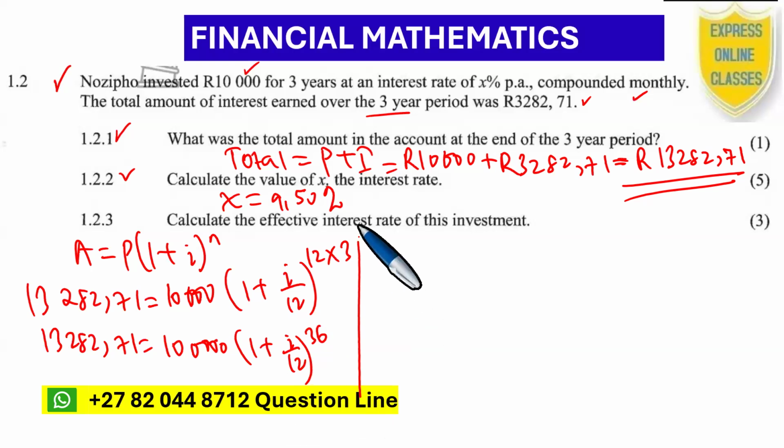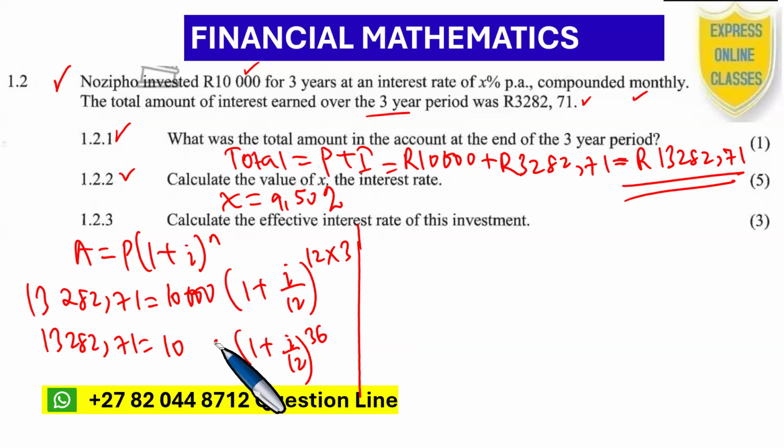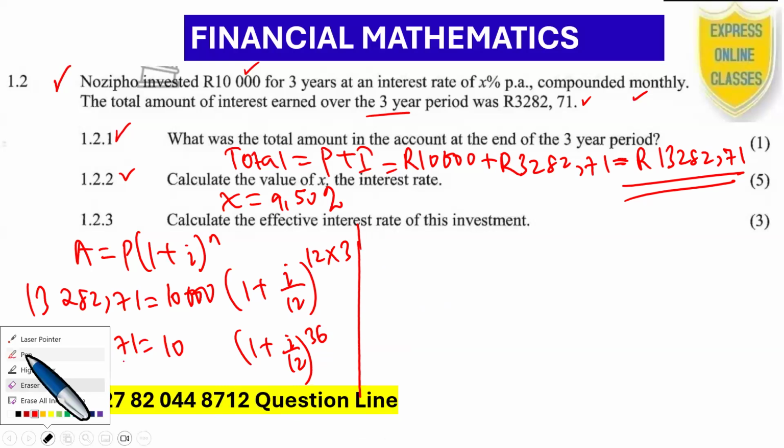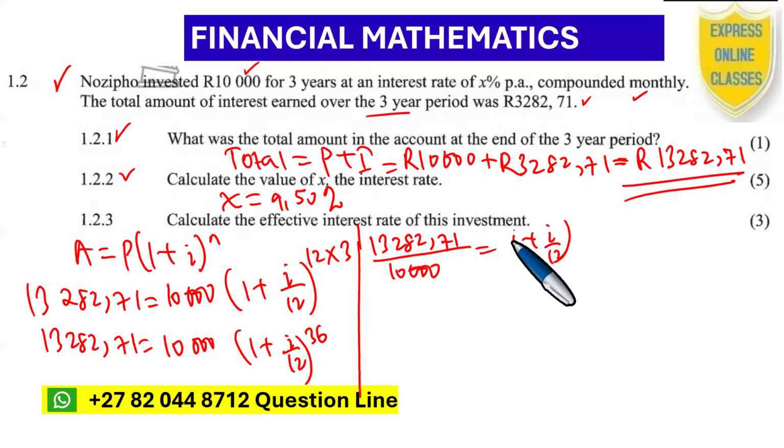So which means if we divide by 10,000, we'd have 13,282.71 divided by 10,000, which is exactly 1 plus i divided by 12 raised to 36.